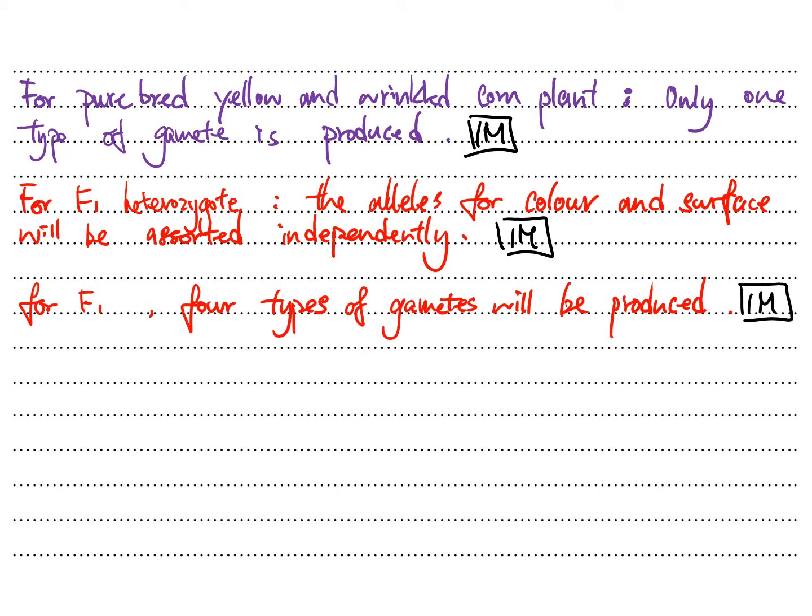And then 1 type of gamete from the purebred, 4 types of gametes from F1. After the random fertilization, or you just tell me after fertilization is enough, after fertilization, zygotes with 4 different combinations of genotype will be produced.